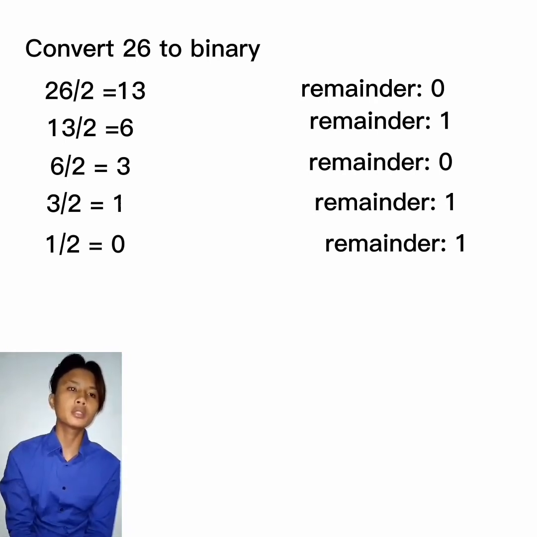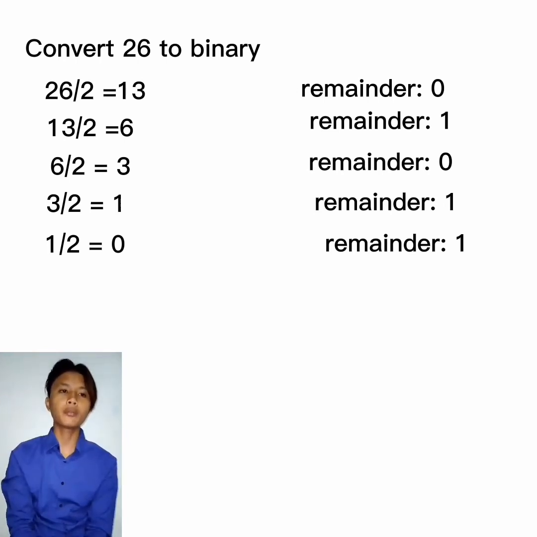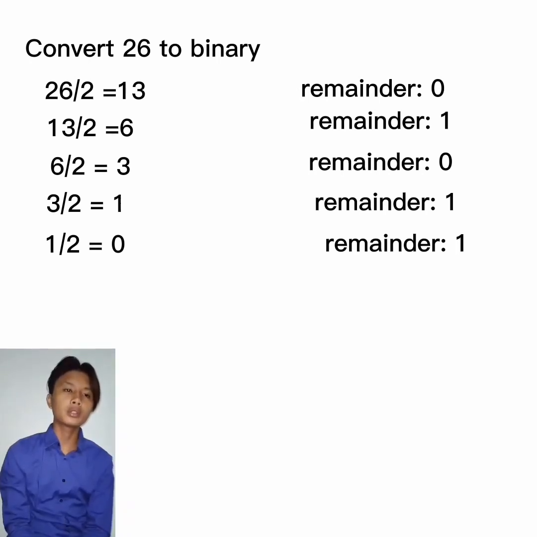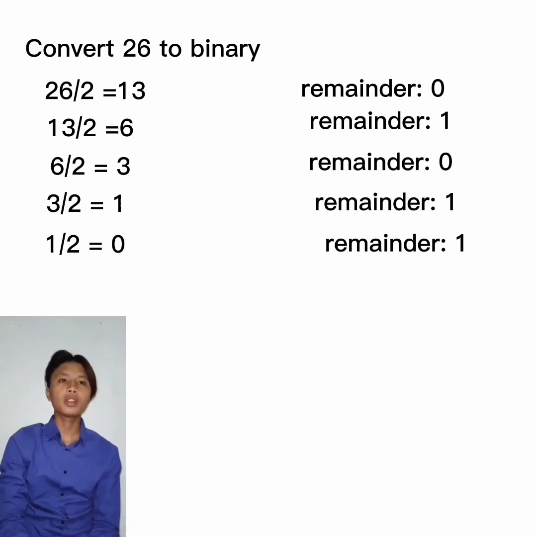We have 13 divided by 2. Now we can't divide that evenly, because it will give us 6.5, not a whole number. So what we can do is get the 6 out of it, because 2 can fit into 13 six times, but then we have that one left over.